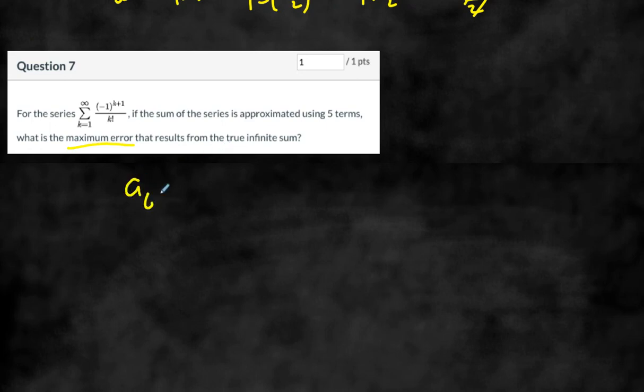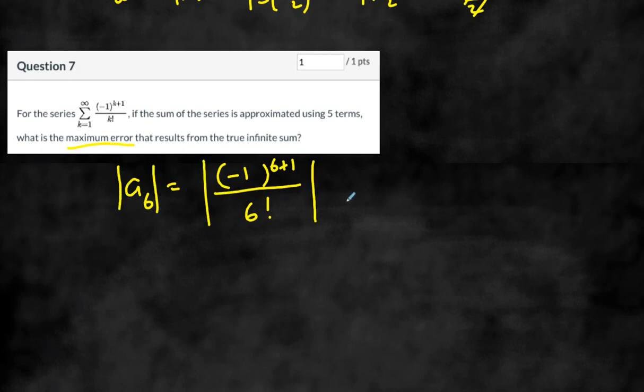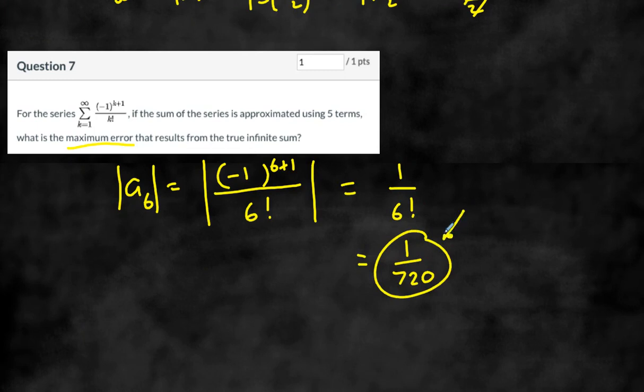So a sub 6, in this case, that's (-1) to the 6 plus 1 divided by 6 factorial. Now, this is going to be a negative number, but we know that we're looking at error, so it's really the absolute value of this. So it's the absolute value here, and that's 1 over 6 factorial, or 1 over 720. This is a number we can get nice and exact, no reason to decimal approximate that.